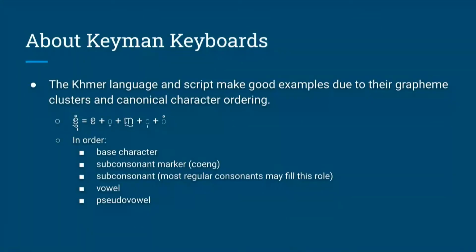Same language, just a little more detail. There's a canonical character ordering, and there's some fun graphing setup where you have clusters. So all of that is a single cluster representing 1 syllable. The word is knyong. Me, or I. So you've got the base character, you've got markers that transform base consonants into their subconsonant or conjunct forms.